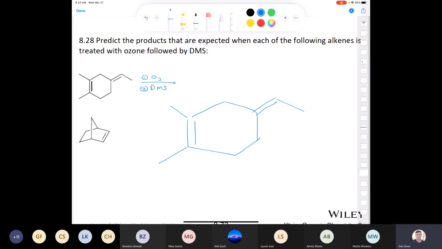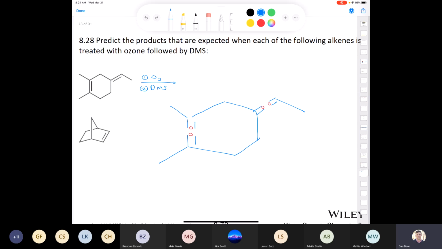What you would literally do is take your eraser and erase the middle of that double bond and the middle of this double bond, and then you put oxygens at the end. So you'd have an oxygen here, an oxygen here, an oxygen here, and an oxygen here. Those are the two products that you get. Now, if you drew them that way, technically it's correct. It's kind of a goofy way of drawing them, but it is correct. I would try to draw it a little bit prettier.